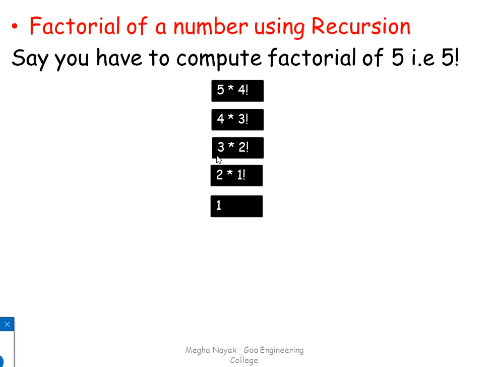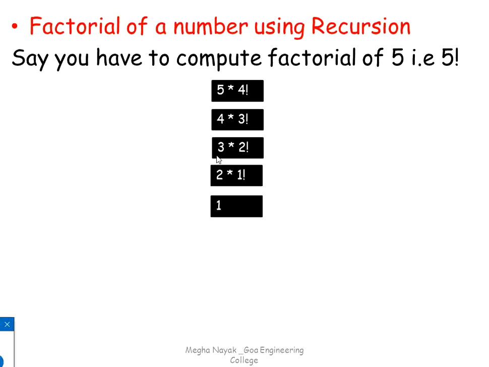In the iterative functions, we computed the factorial of a number, right? So here we will compute the factorial of a number again. I take the example as 5, and this we will be doing using recursion.